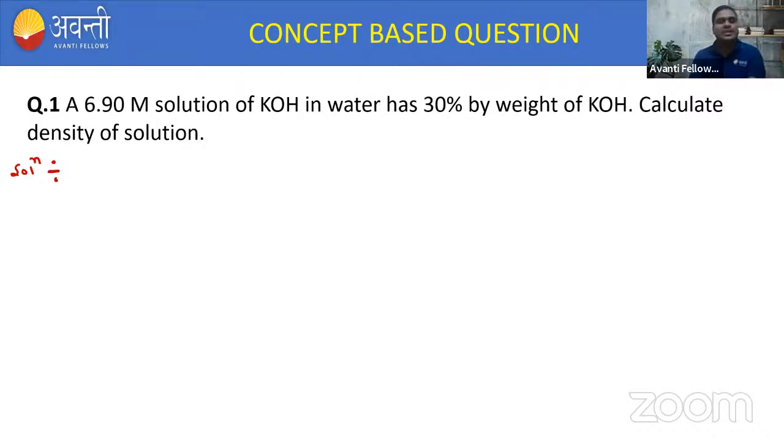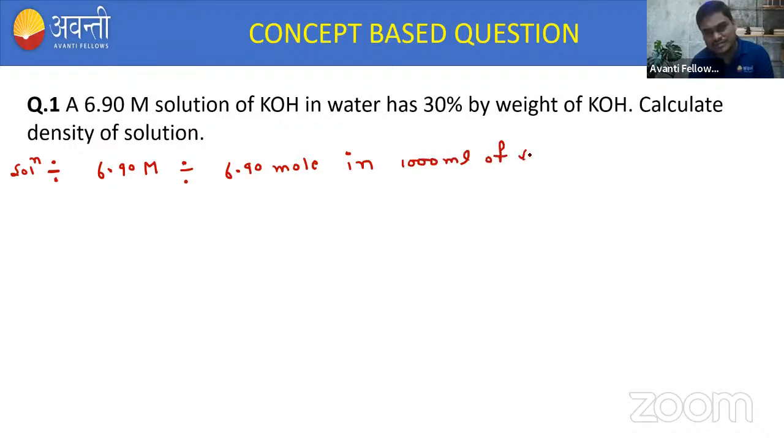Okay, so a 6.90 M solution. What do you mean by this thing? 6.90 M means 6.90 mole in 1000 ml of solution, or we say 1 liter of the solution.